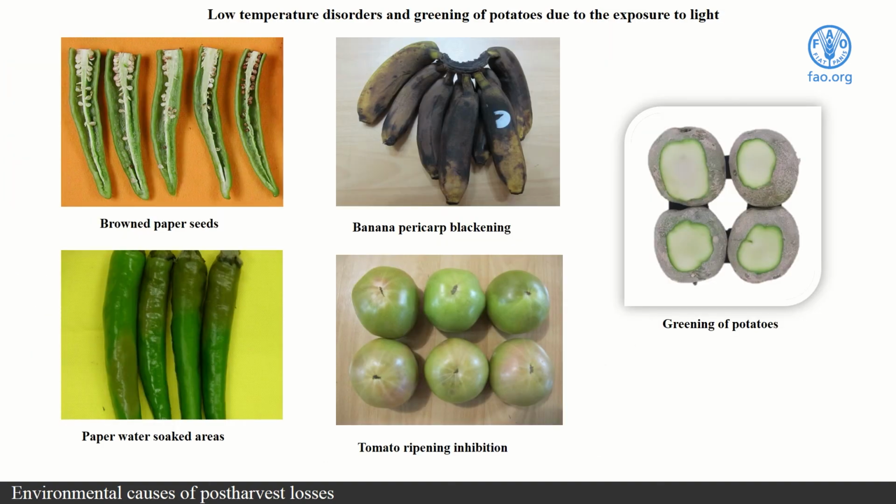So these are also some low temperature disorders in pepper, banana, and tomato, and the greening of potatoes due to their exposure to light.